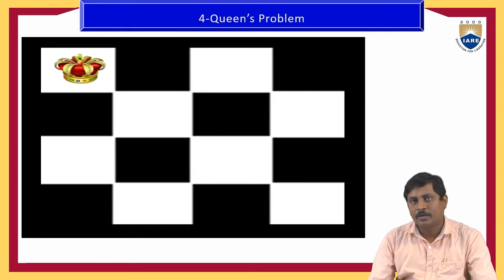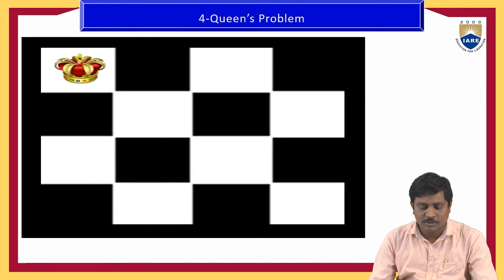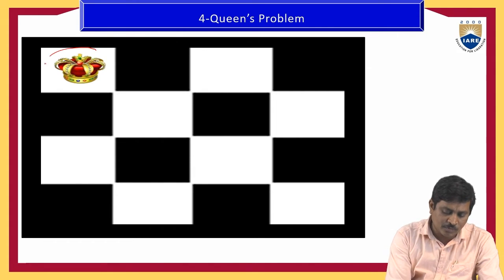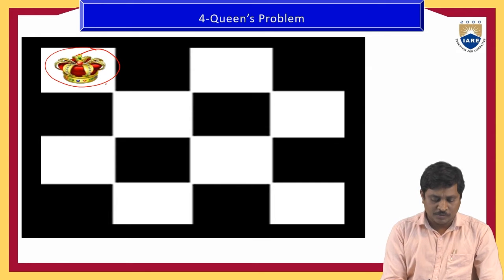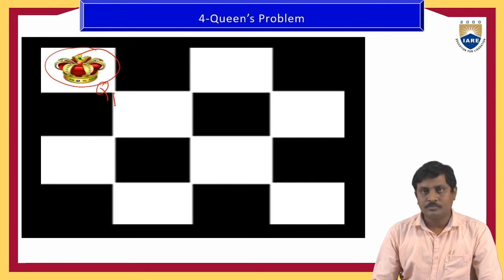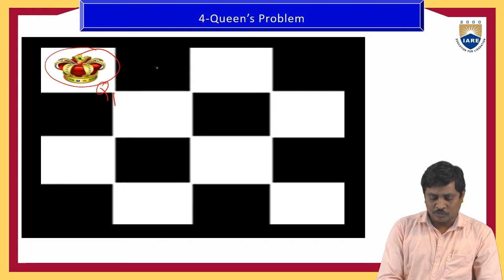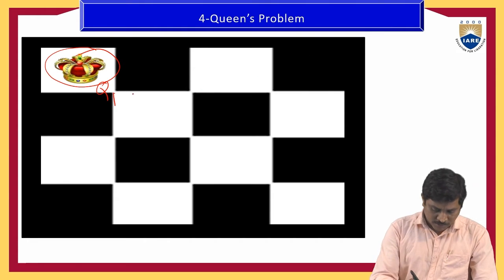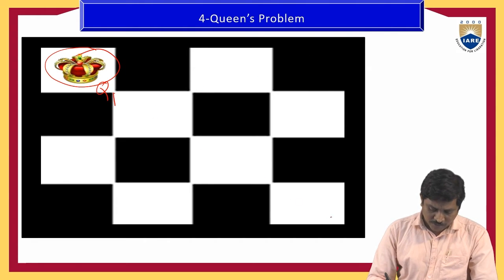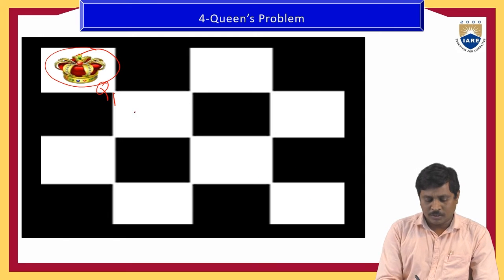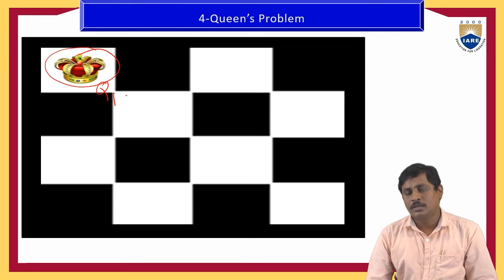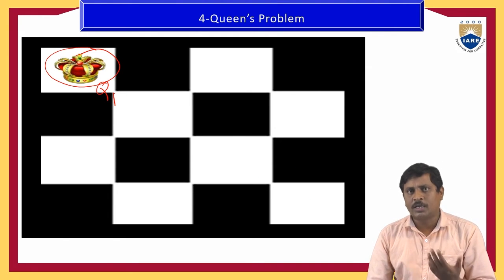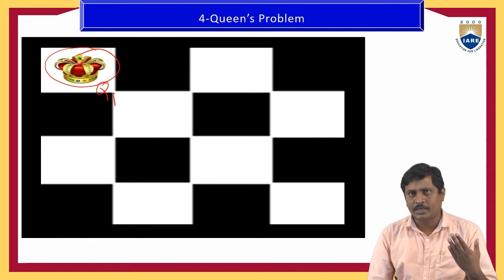So this is a 4 queens problem. In this 4 queens problem, first we place queen 1, Q1 here. Suppose we place queen 2 here, or here, or here, or diagonally. The condition is that no queen is placed either column wise, row wise or diagonal wise to this queen.